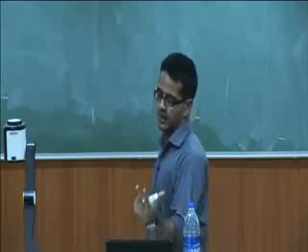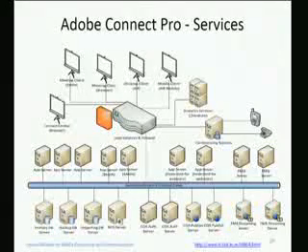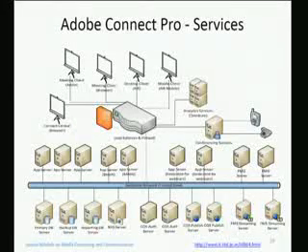So this is the Adobe Connect Pro application, the actual architecture of the whole system. It is very complex for you to understand as of now, but I'll just talk about the scalability part. On the top screens, in the extreme first layer, are the clients, a user logging in through a desktop, laptop, mobile device or anything.